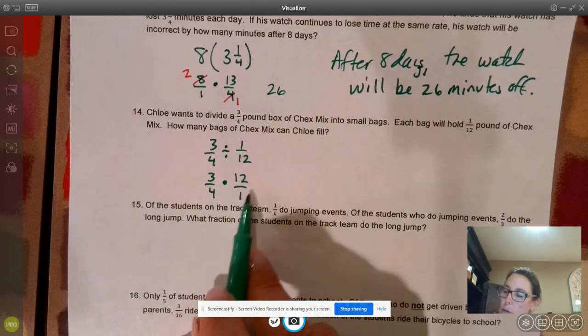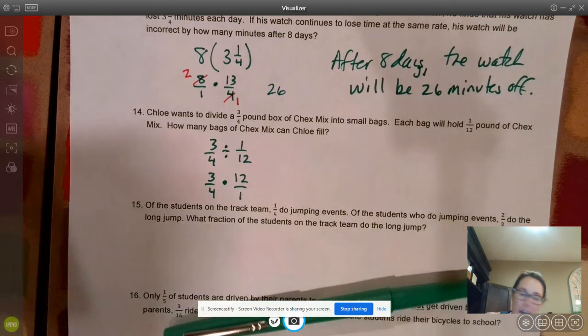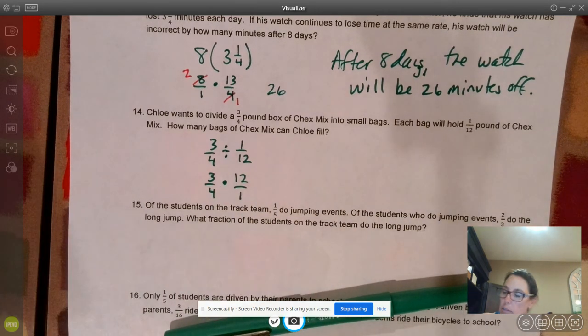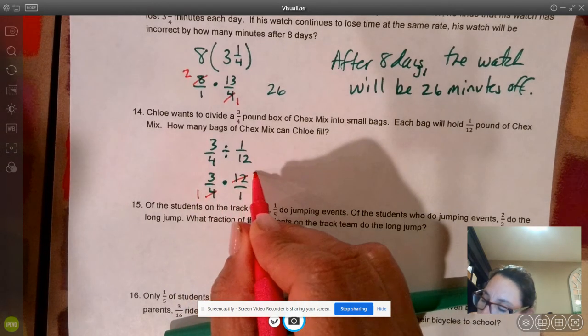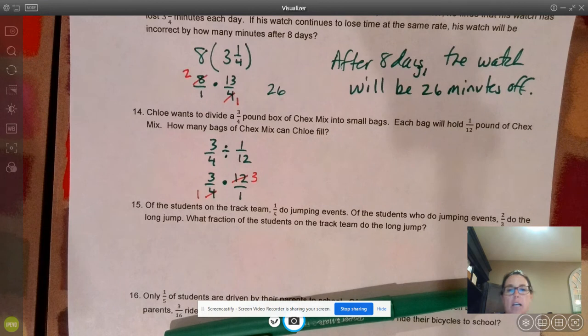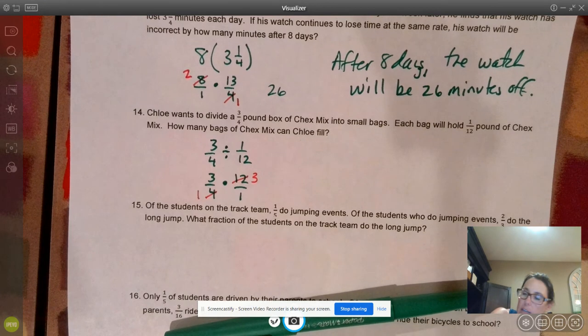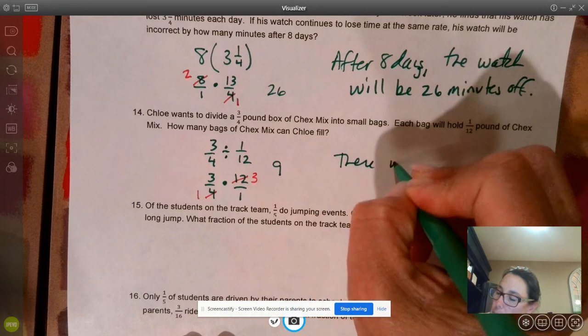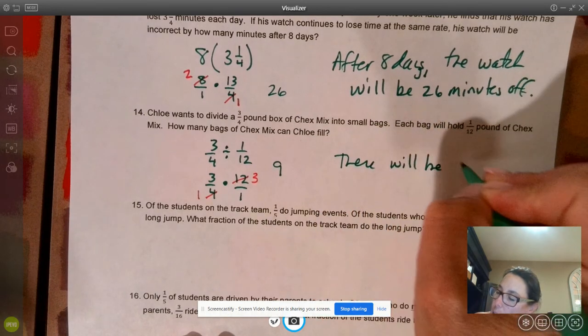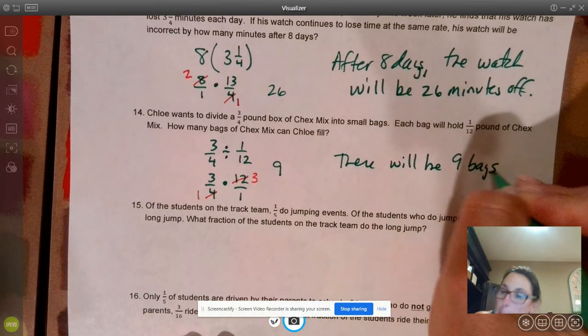Okay? So here's our new problem right here. And again, I don't want to think about 3 times 12. I want to cross cancel this by a 4. So I'm looking at 3 times 3, which is 9 over 1. Okay, so there will be 9 bags.